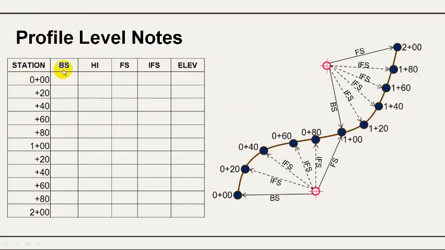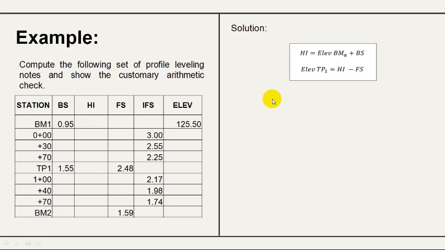Diba sa differential level notes, ang stations lang, backsight, height of instrument, or elevation of our line of sight with respect to the datum or mean sea level, and then the foresight. Then, additional columns sa profile level notes are the intermediate foresight and the elevations.